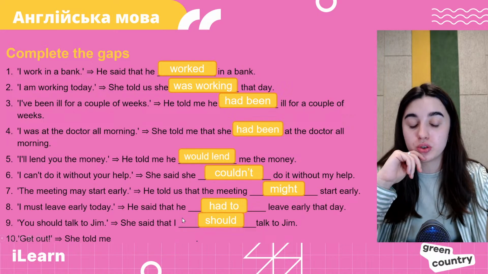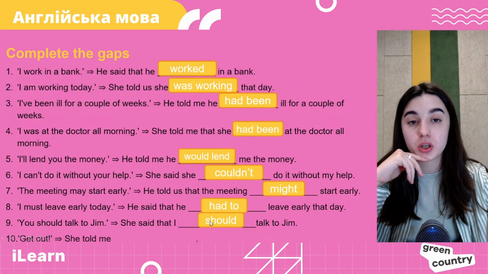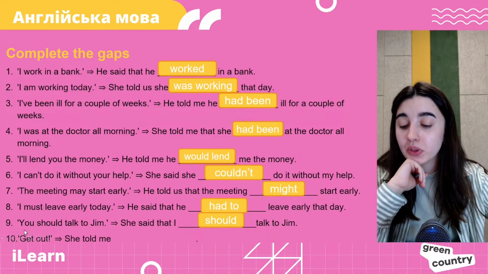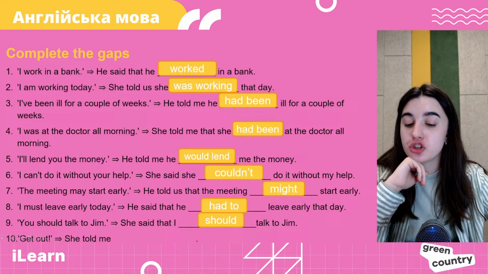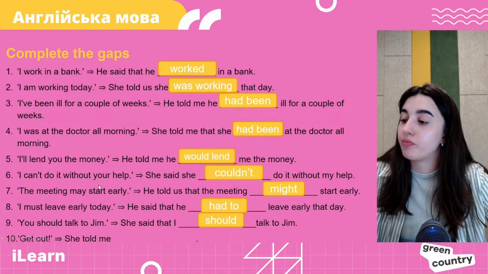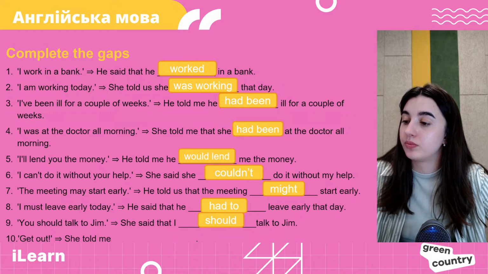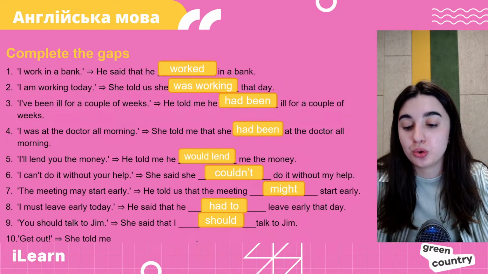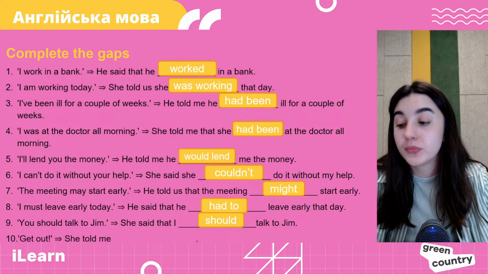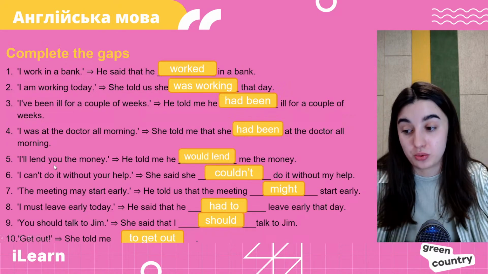So there we don't change anything with the word should. So should is stable. And the last, "Get out." She told me to get out.